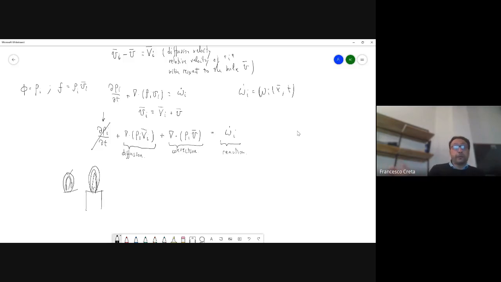If I move the air around, it will move because it will be subject to some convection. But really, in a laboratory frame, it can be kept at steady state. So if I place my probe here, or here, or here, this derivative in time will be zero identically. So I know that there is a balance between diffusion, convection, and reaction.